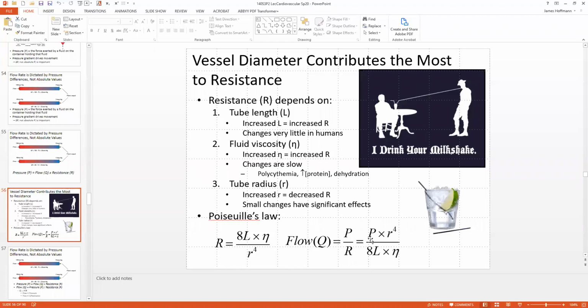That's why flow equals P times small r to the fourth, over 8LN. So if I increase the pressure difference, flow goes up. If I increase the radius, flow goes up. If I increase the length, because it's on the bottom, flow goes down. And if I increase the viscosity, flow goes down. Using this equation becomes important in some ways. But what's the main point of this equation? Well, flow is really dependent upon the radius.